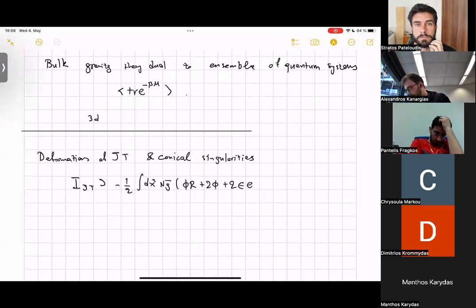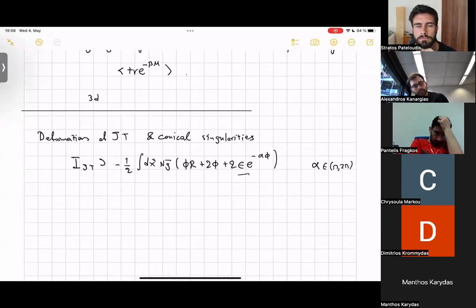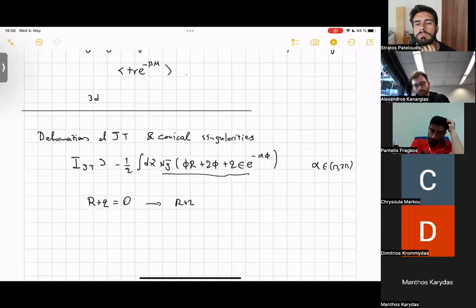So I have something like this, where alpha is in (pi, 2 pi). If you do this, then the constraint that you get is not R plus 2 equals 0, it becomes R plus 2 equals 2 alpha times a delta function. This is a two-dimensional delta function.